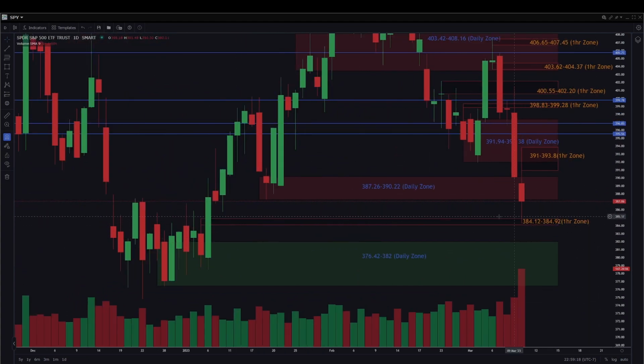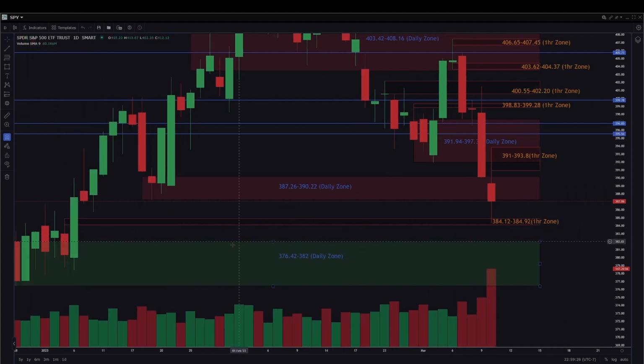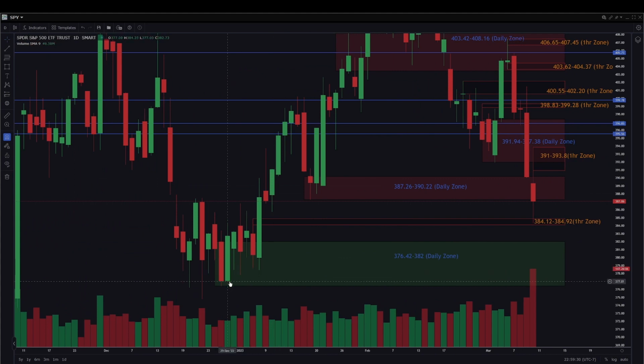And as you can see on Friday, this zone held up. So I use this candle right here for this previous demand turned supply, and then I use this candle right here to make our zone for the daily demand.